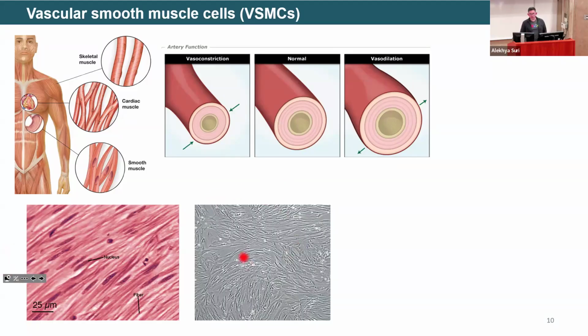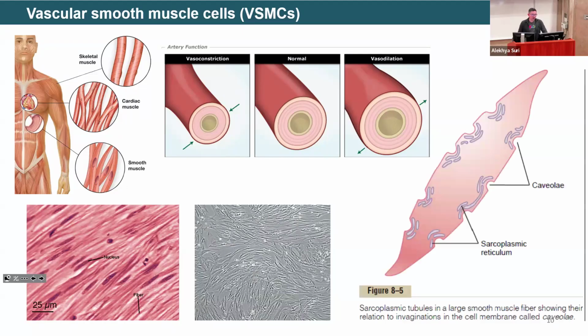In culture conditions, so if you take them out of the body and you put them in a tissue culture dish, they basically look like this, right? So they retain some of that spindle-like shape in culture conditions.